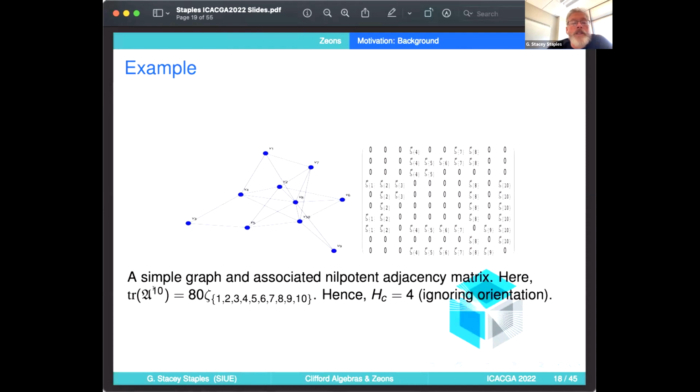And if I take the 10th power of the matrix and compute its trace, I get 80 times this full index set, right? So actually, because each one appears with two orientations at each spot along the diagonal, because the cycles from 1 to 1 would be here, and 2 to 2 would be there, and 3 to 3 would be there. So they're overcounted by a factor of 20.